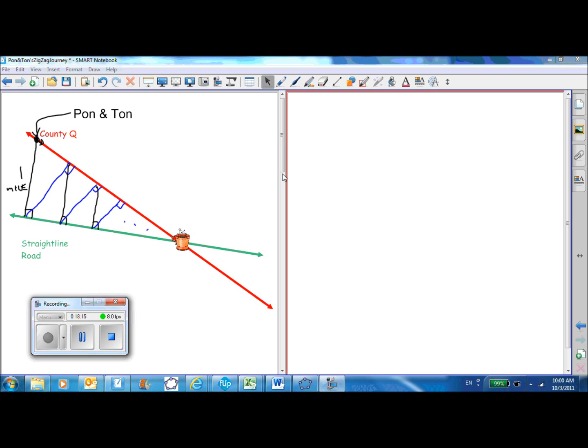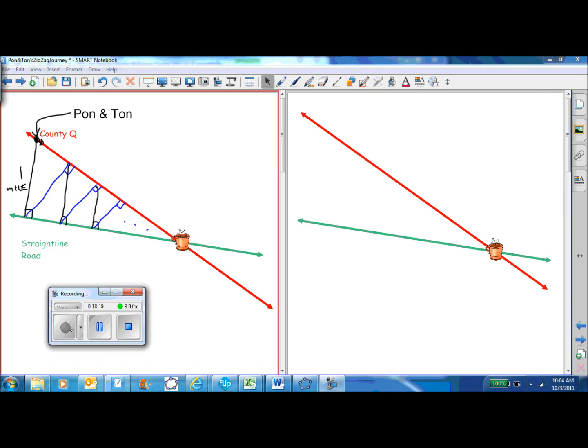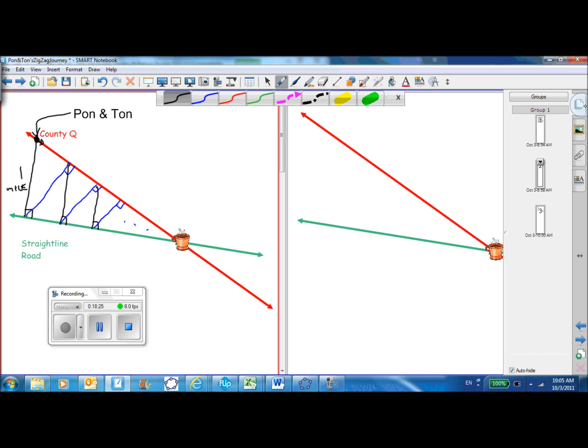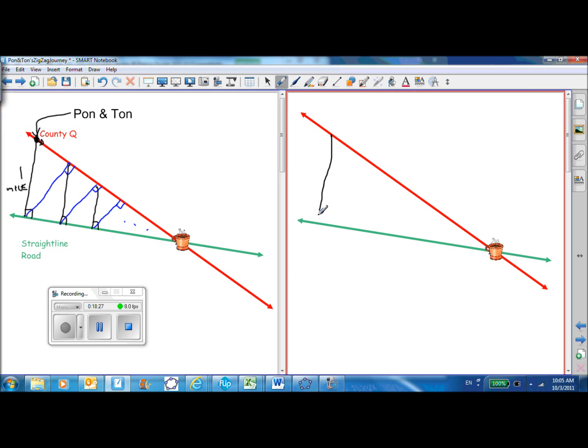What we need to do is look at a specific line. All right, so we want to get Pon and Ton's distance in terms of this first length that they do. Come down here like this. That's the perpendicular. That's called length 1. And this angle theta. And we're going to get the total distance in terms of just these two variables: the first distance and the angle between.